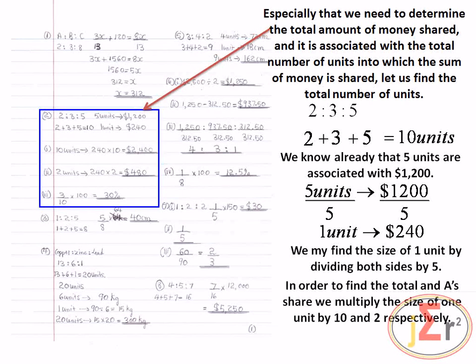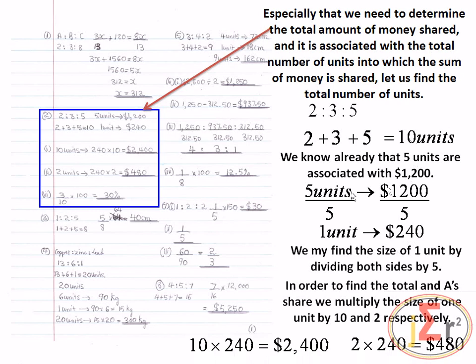Now where did that 10 come from? We said in order to find the total is associated with 10 units. Therefore, we have the size of 1 unit. To find the total, we need to multiply that by 10.